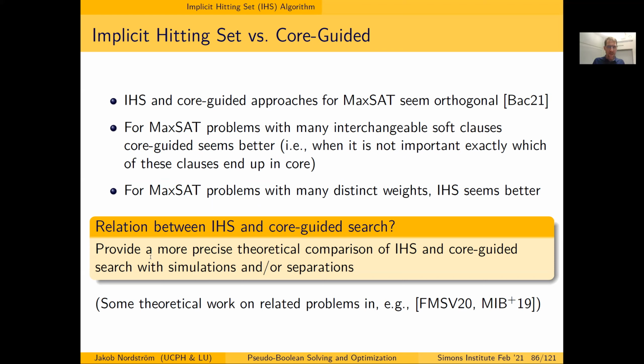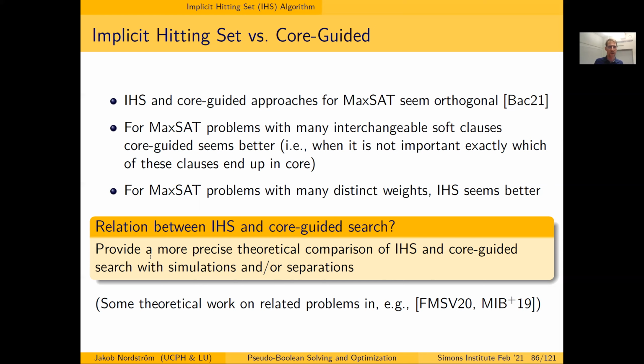For MaxSAT problems where you have many soft clauses with the same weights that are somehow interchangeable, and the important thing isn't exactly which soft clauses you violate, it's more about the count of how many soft clauses you need to violate, core-guided seems better because it will allow you to abstract away and give you this count.